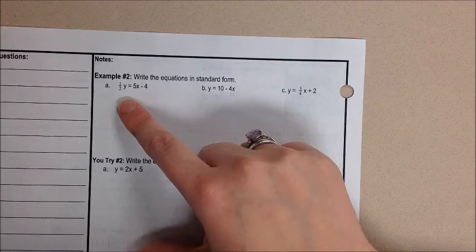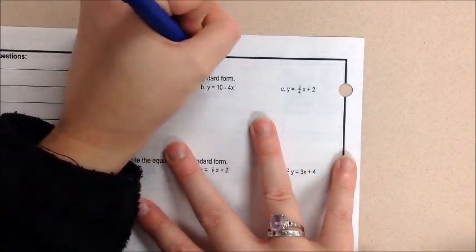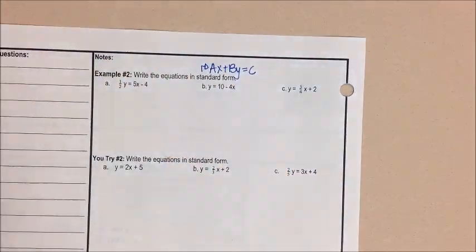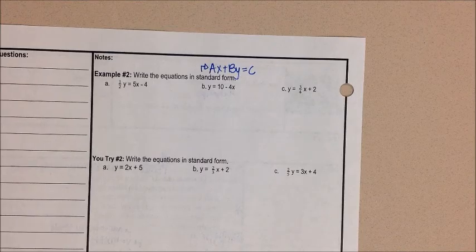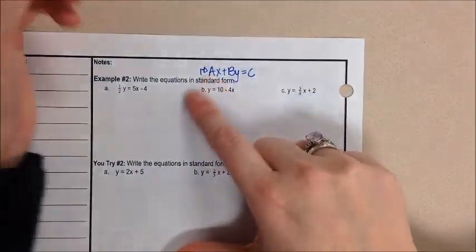Okay, so I'm going to go ahead and put these in standard form, which remember is Ax plus By equals C. And it doesn't matter so much here that A is positive or negative.